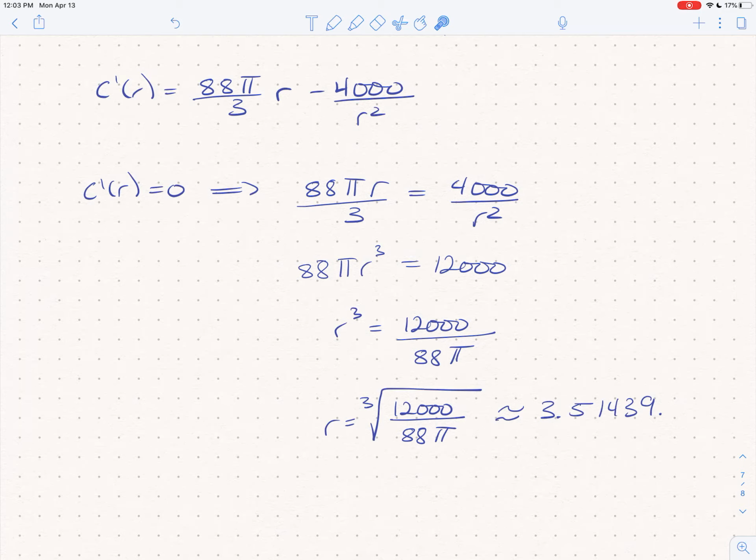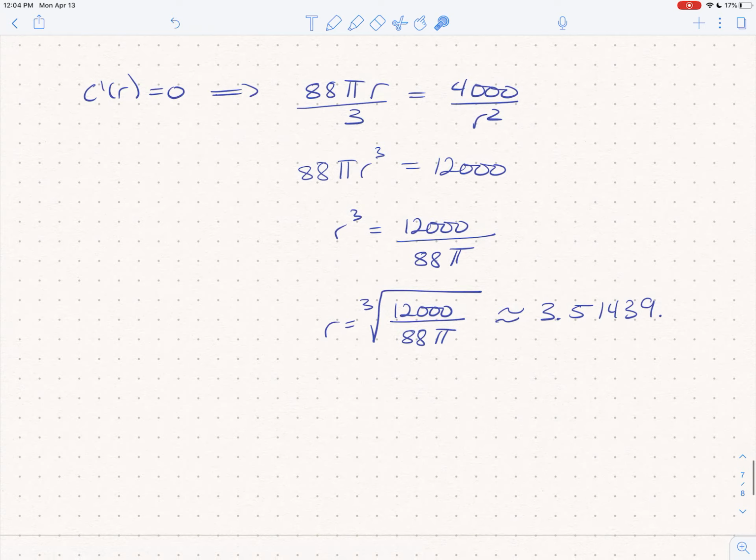And so the boss goes and he orders maybe 1,000 of these tanks, and 2 weeks later you realize that actually that wasn't the minimum, that you missed something. And you can just imagine the situation. It would be horrible, and you could easily lose your job. So we want to confirm that this really is an absolute minimum. Don't just assume it is because you wanted it to be. So how do we do that?